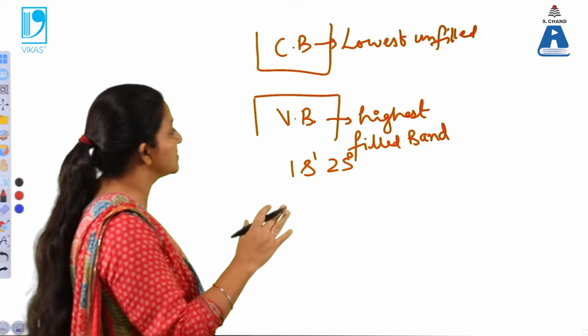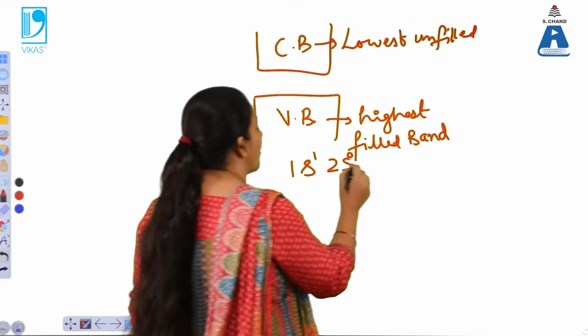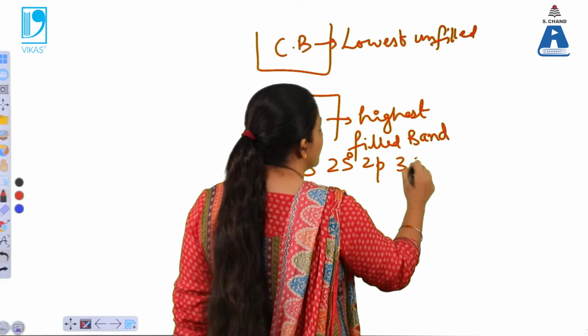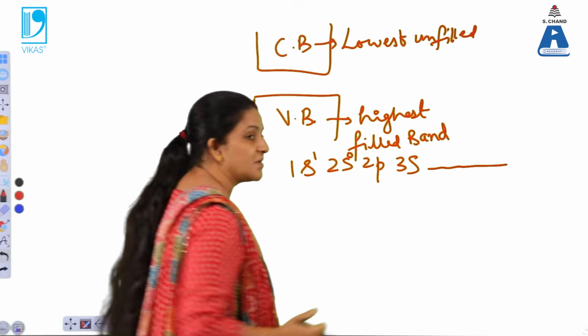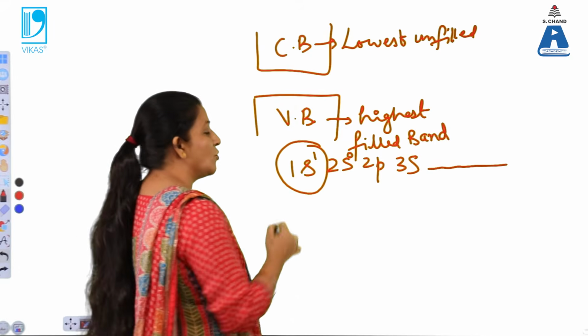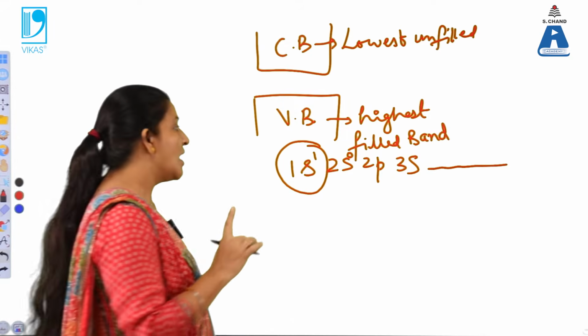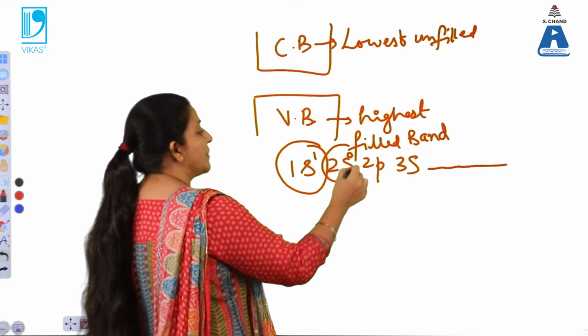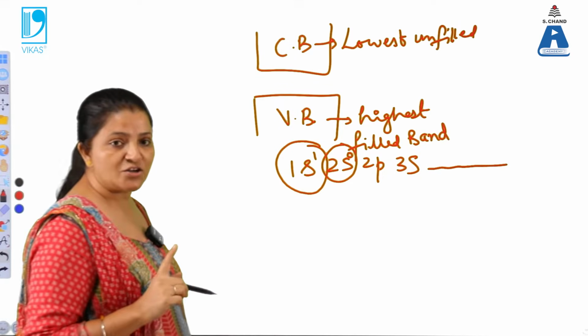That band is known as the conduction band, because beyond it there are 2p, 3s and a large number of higher bands also available. But we take the highest filled band as the valence band, and the lowest unfilled band as the conduction band.